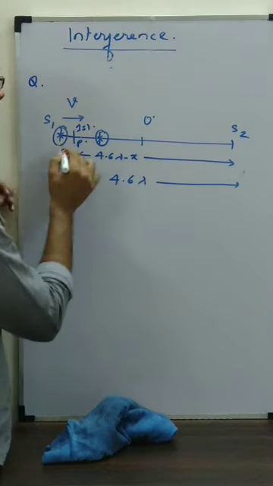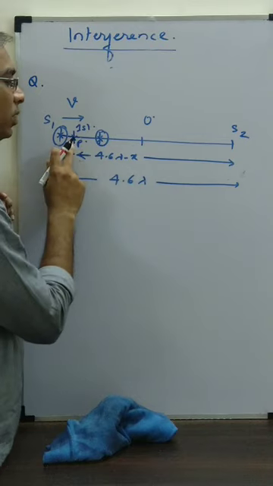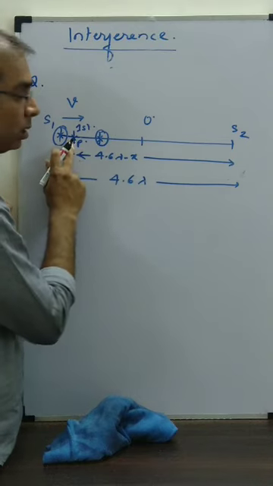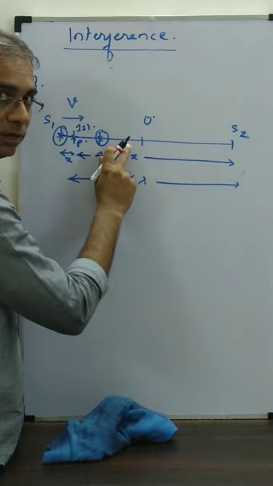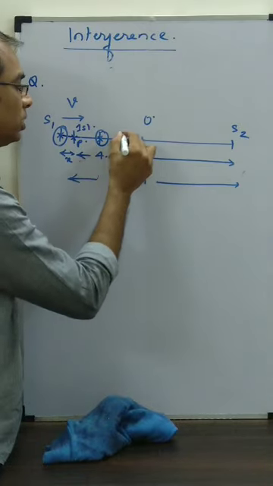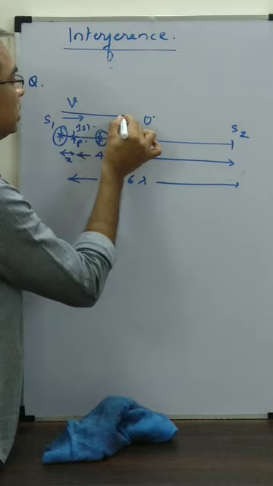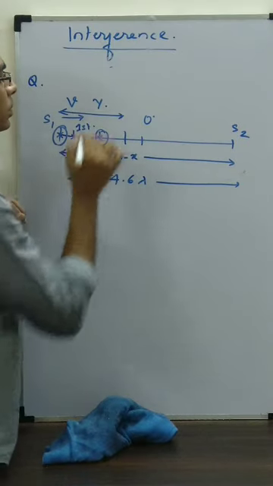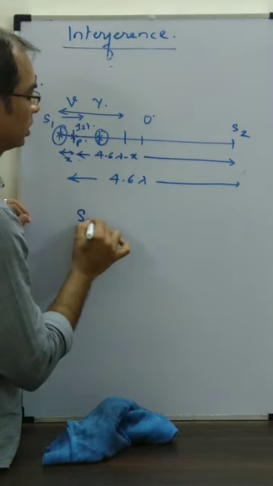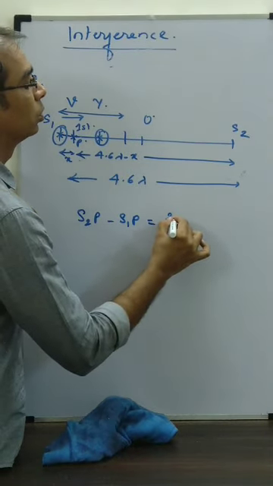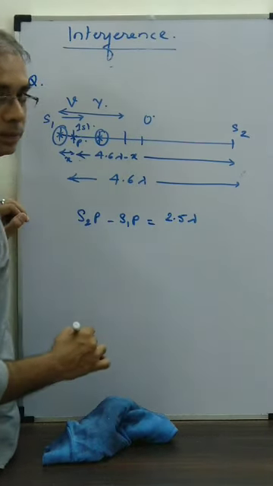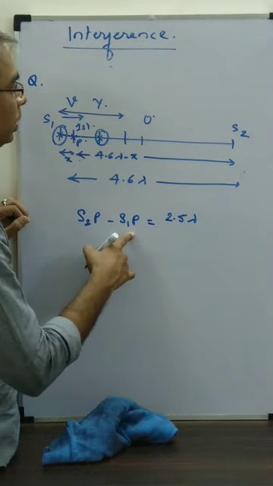So for the first one when you found it here, the path difference was 4.5 lambda. For the second one, 3.5. And the third one, 2.5. So suppose it's here, and let's decide this value is y. We'll write S2p minus S1p equal to 2.5 lambda. What is S2p?